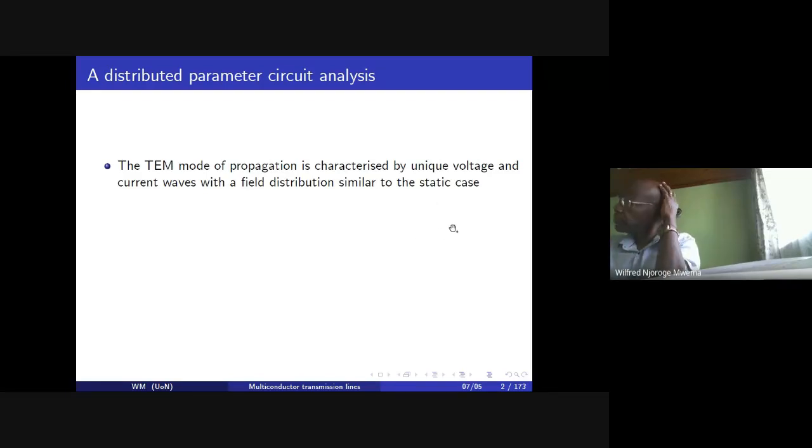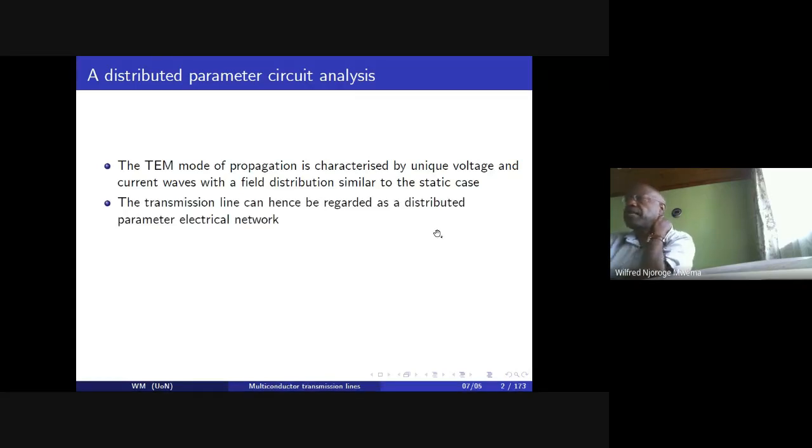The field distribution is similar to that of the static case, because in a transverse plane, the transverse components of the electric and magnetic fields are all rotational, and this reduces to the static case that you already covered in the third year.